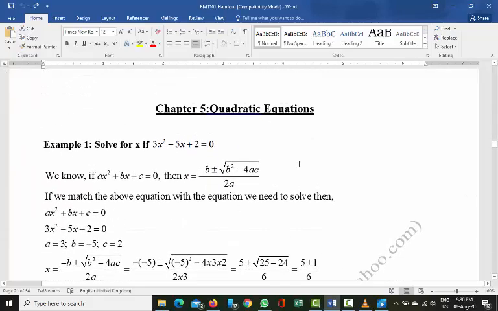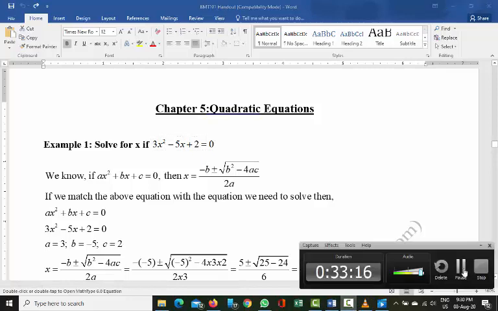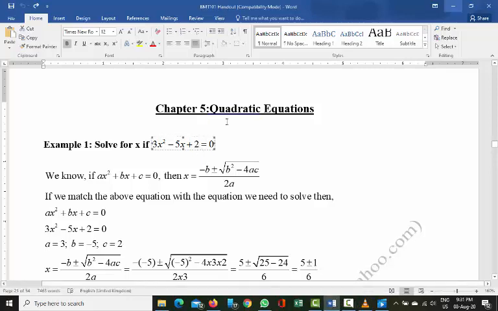Now we will move to chapter 5, quadratic equation. This is a quadratic equation, or in another way we can call it a second degree equation.